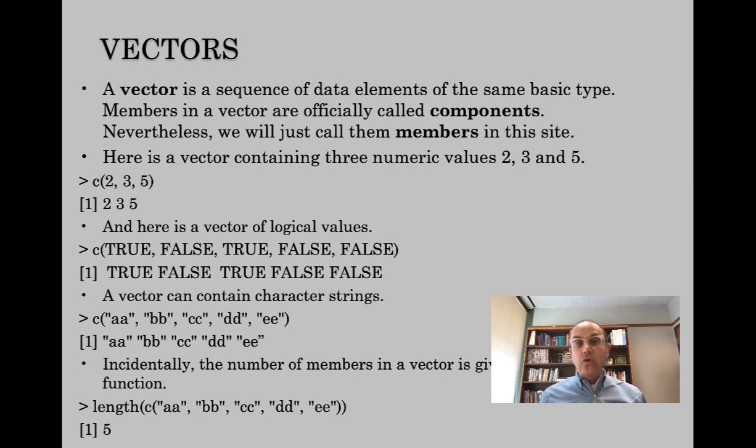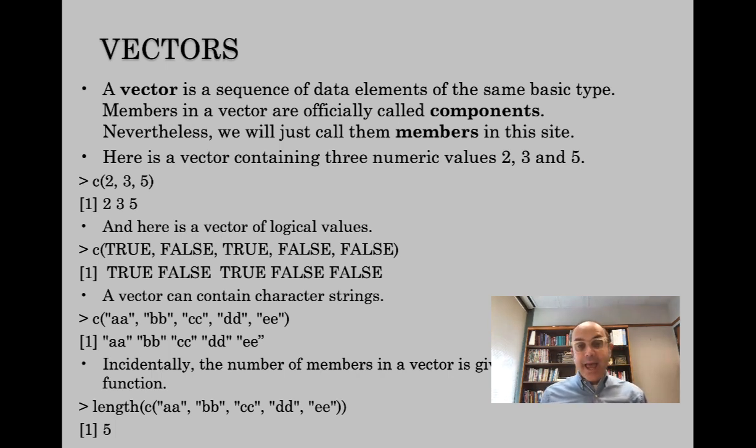Here is a vector containing 3 numerical values, and as you can see, we can also make a vector of logical values. We can add true or false, and it will be treated as a vector.